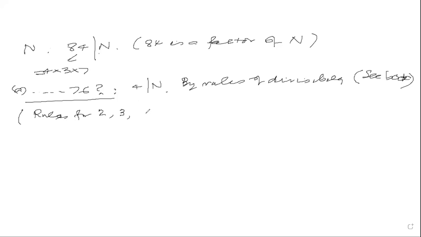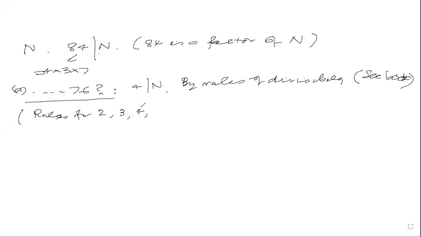Rule for divisibility by 3. Okay, what is the rule for divisibility by 3? It is that the sum of the digits must be a multiple of 3. So 3 goes exactly into a number if, when you add up all the digits, 3 is a factor of that. So that's the rule for divisibility by 3. And then for 4, the last 2 digits must be a multiple of 4.